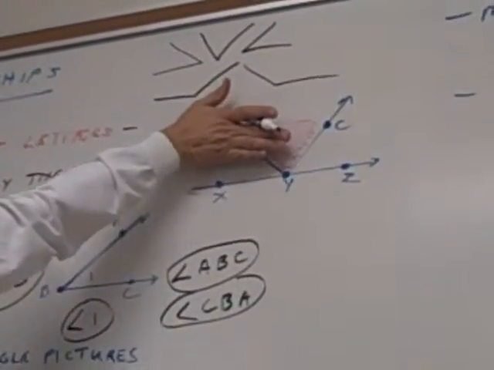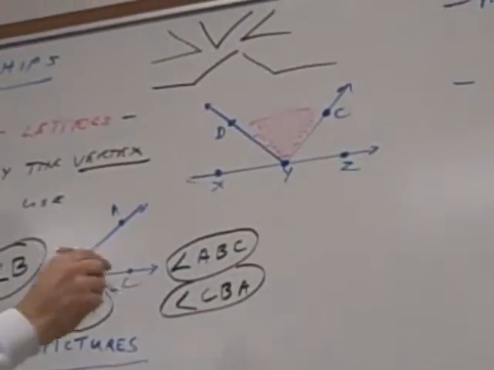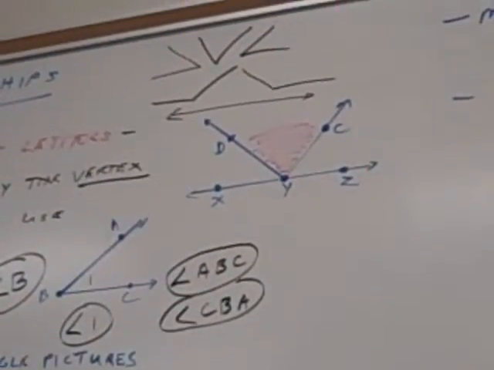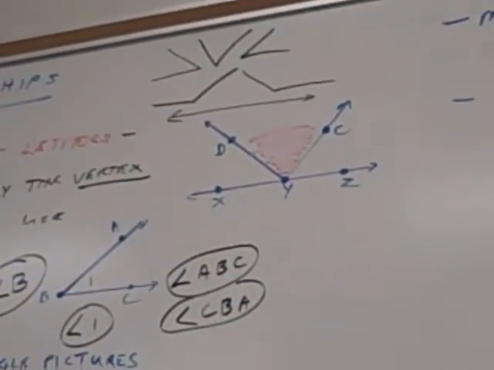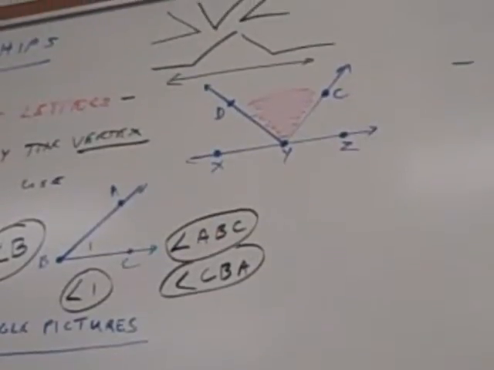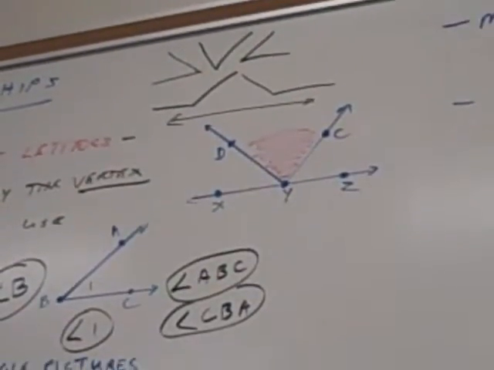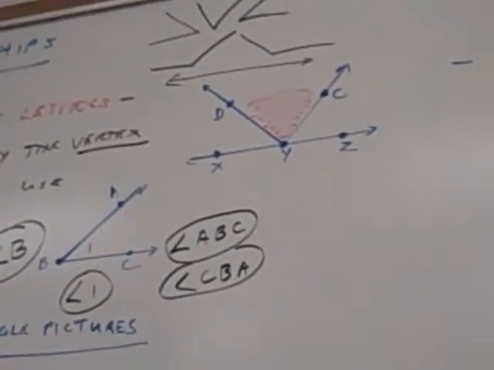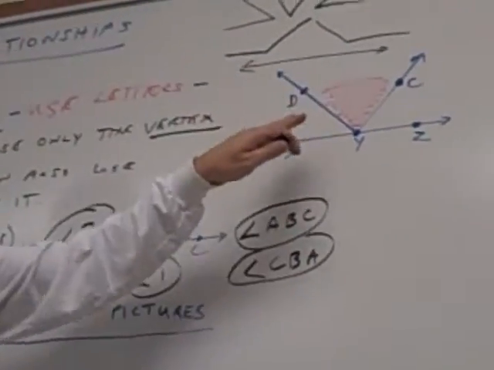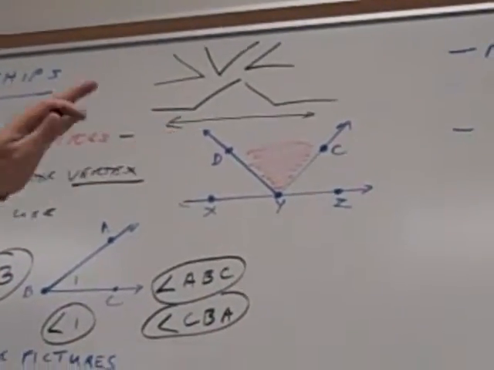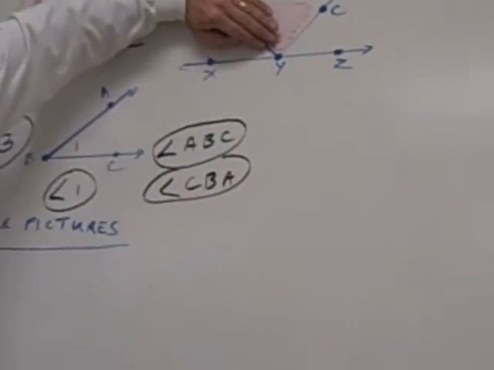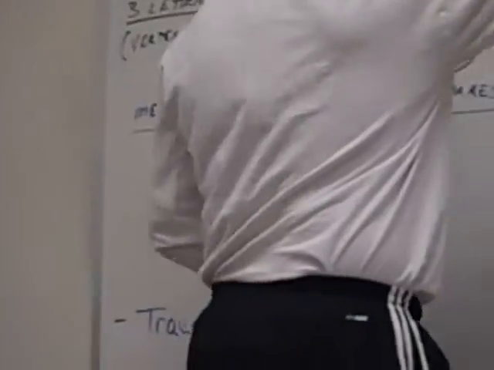Ignoring this. And do you see this one? 6. 6 angles. Broaden your mind. You've got to see things with other things covered up. 6 of them. All right.